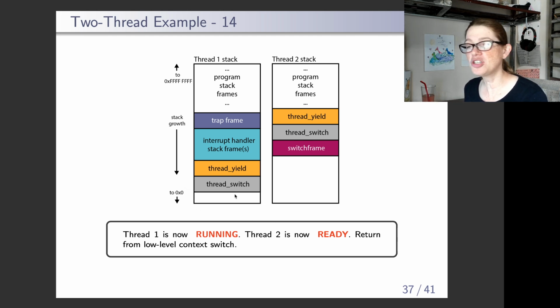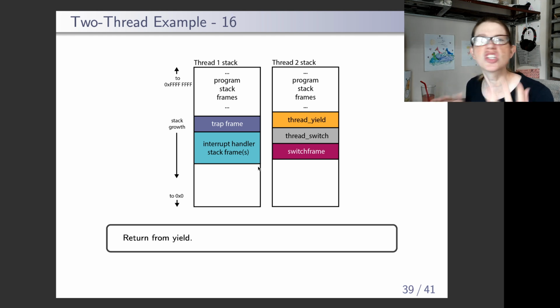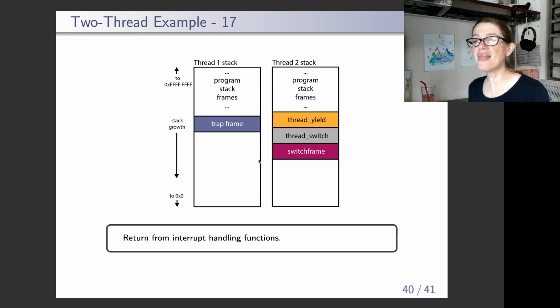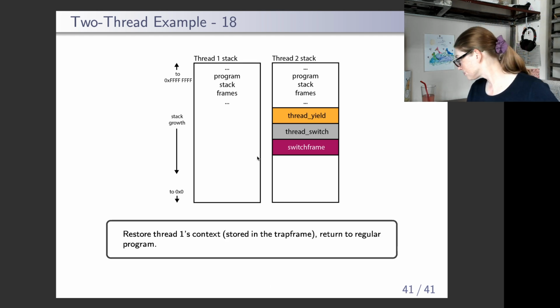We jump to the return address, which is going to be the return point for thread switch, which is going to restore the caller save registers. That returns to yield. We return to the interrupt handler, which is just going to return immediately because we were long since done handling that. And then the trap frame will restore the actual thread state, and then we'll go back to running there.